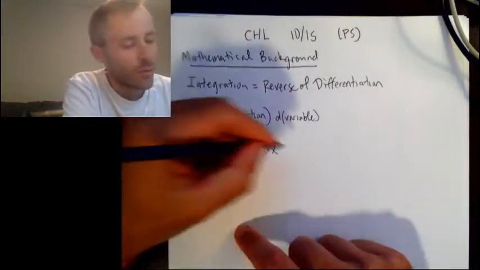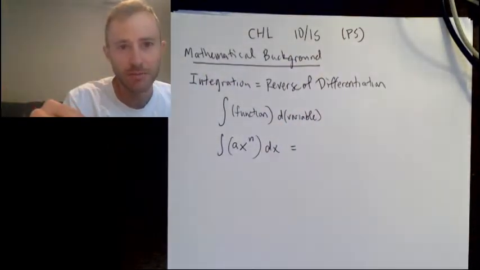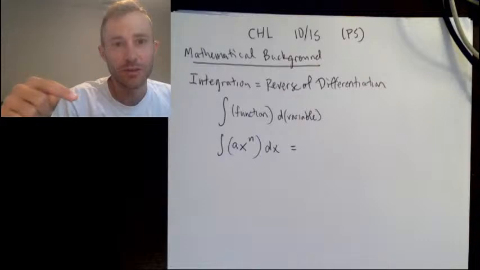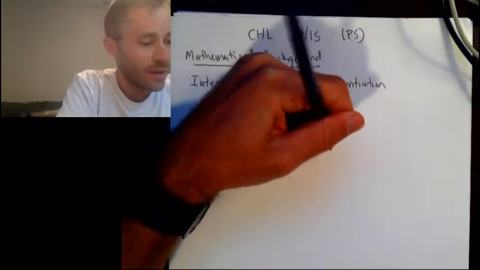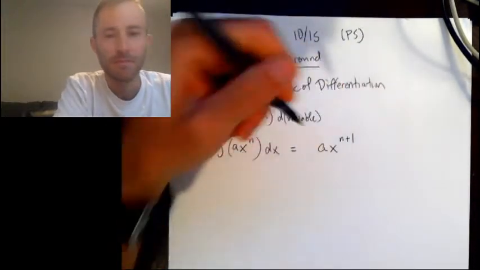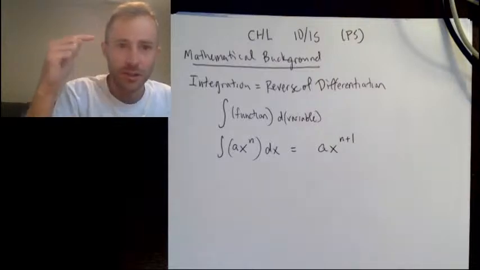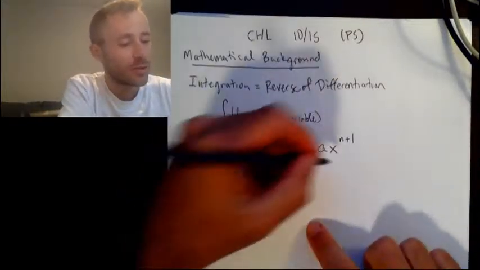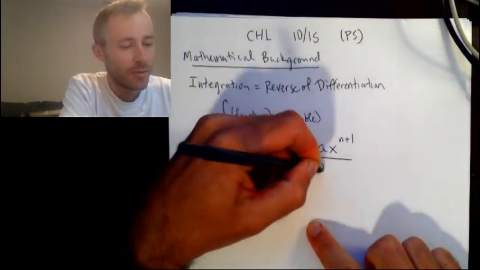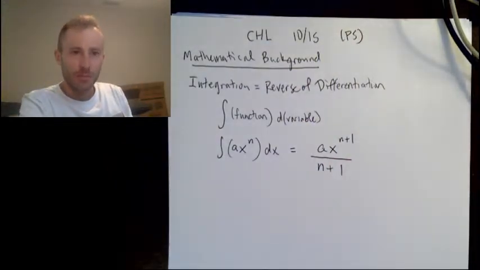The rule is, remember, when we differentiate, we bump down the power. In integration, we bump up the power. So x to the n plus 1. And remember how in differentiation we multiply by the power, but in integration we divide by the power. So it's going to be divided by n plus 1. Notice that we divide by the bumped up power.